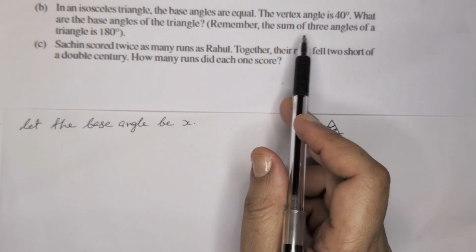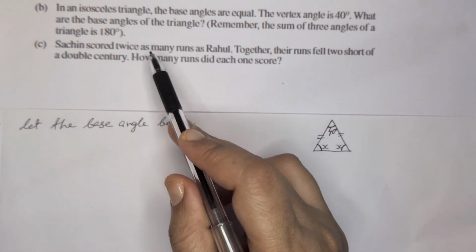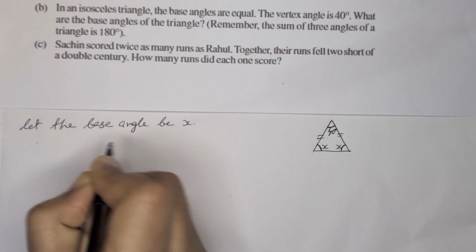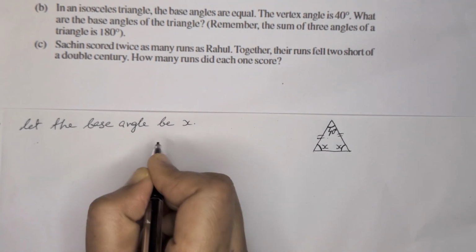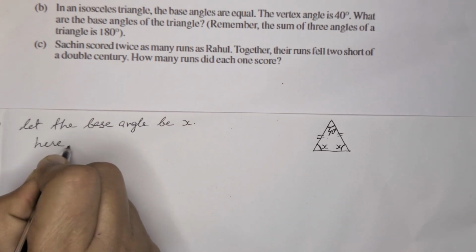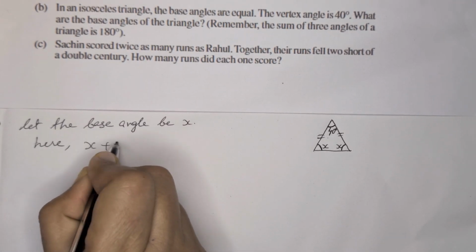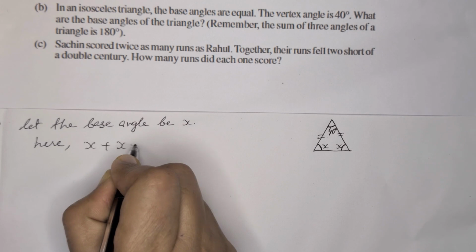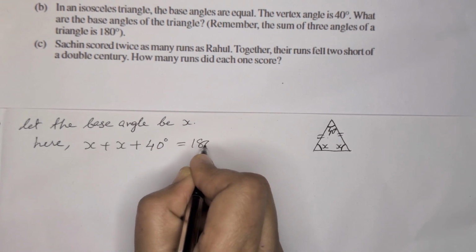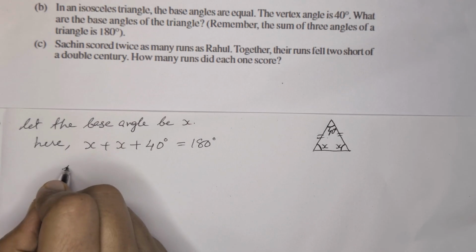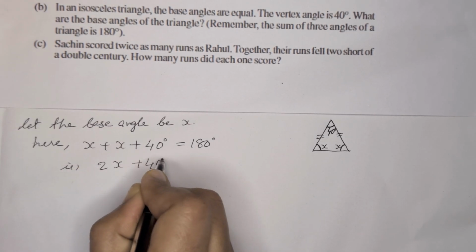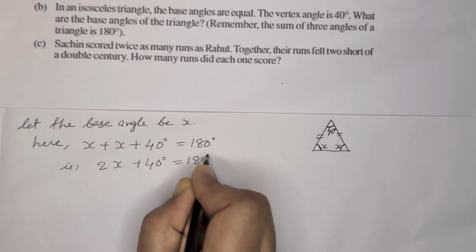Now, the sum of all the three angles of a triangle is 180 degree. We know that the sum of all three angles is equal to 180 degree, the angle sum property. So here we can write x plus x, the base angles, plus the vertex angle 40 degree is equal to 180 degree. That means 2x plus 40 degree is equal to 180.